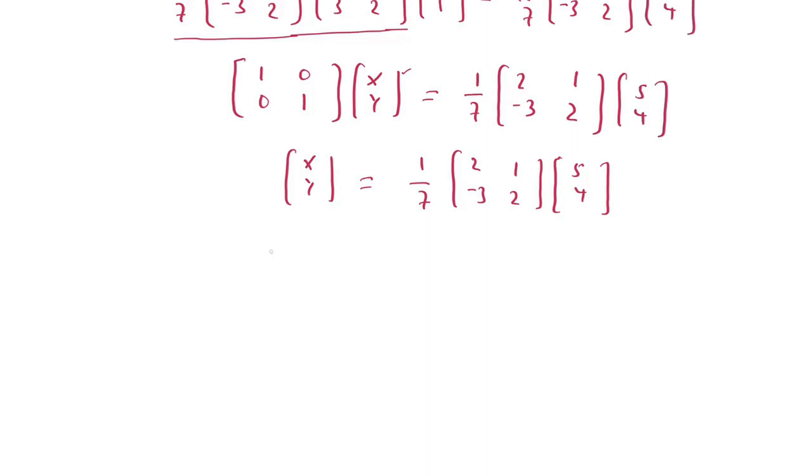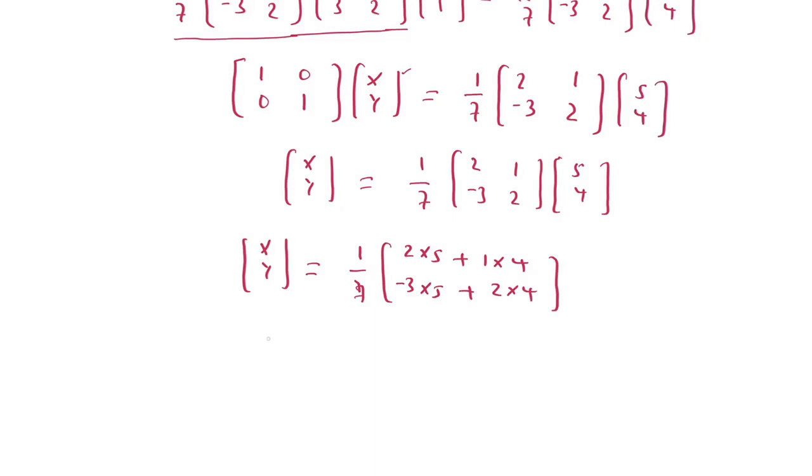Then our equation is going to be x, y equals 1 over 7 times matrix 2 times 5 plus 1 times 4, negative 3 times 5 plus 2 times 4, of which, solving this, we are going to have x, y equals 1 over 7 times matrix 14, negative 7.